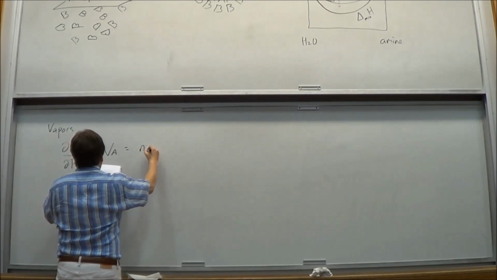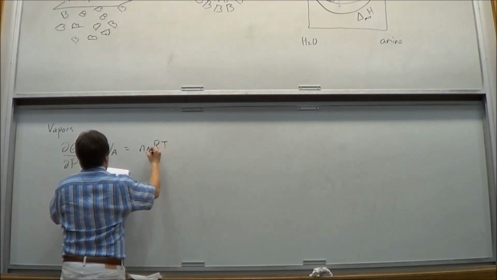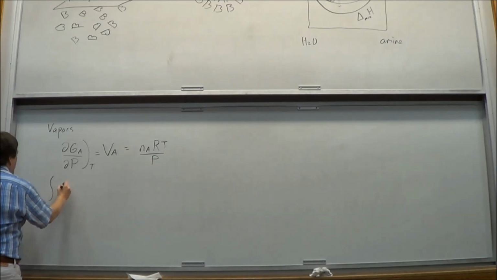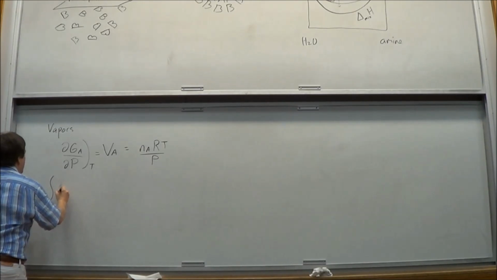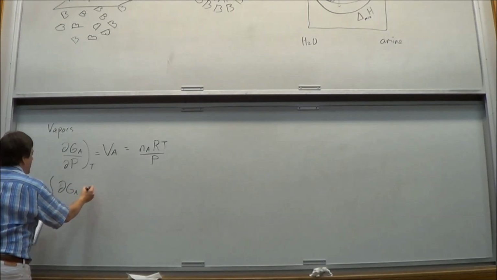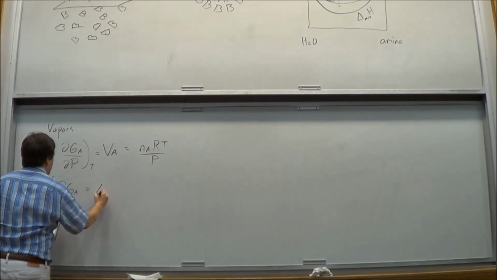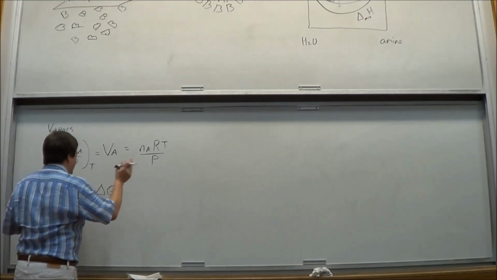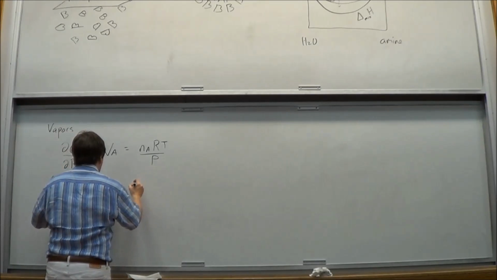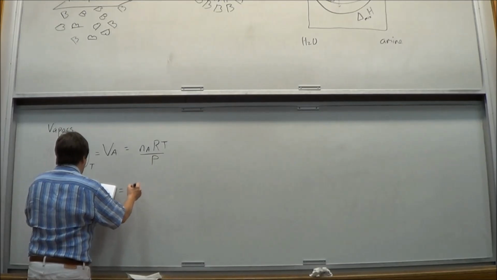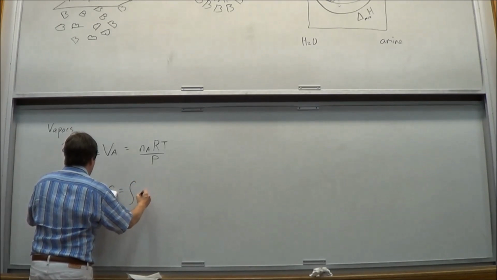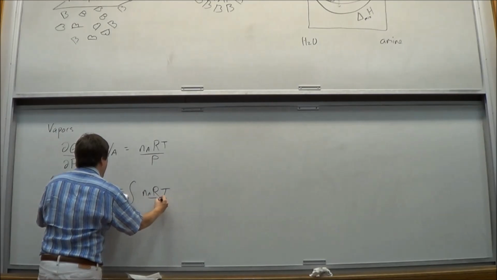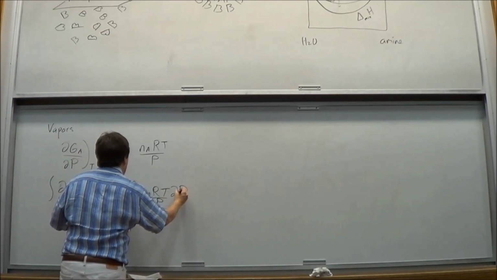Okay, and now again, I'm going to use a vapor equation. I'm going to integrate the change in G, which is going to go from 0 to G. So that's, of course, the change in G. And this is going to be the change in nRT over P dP.